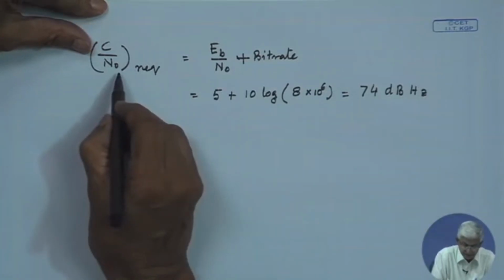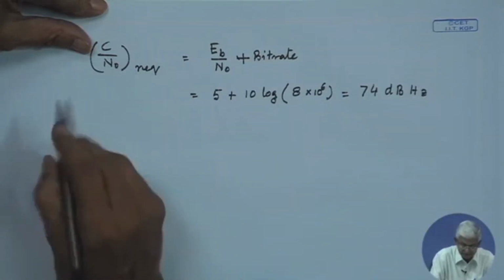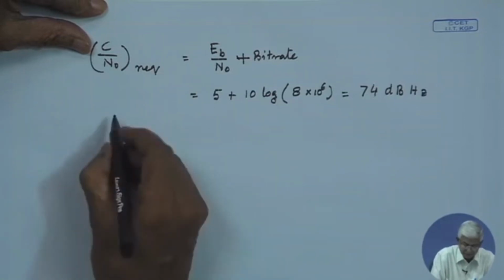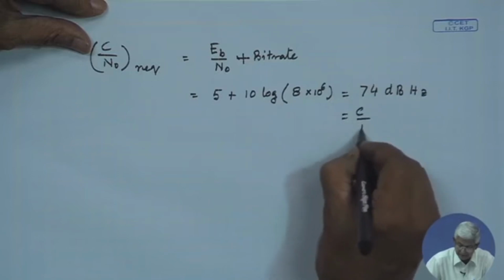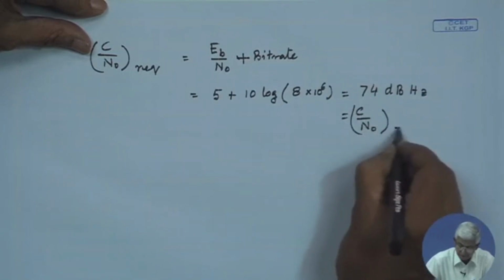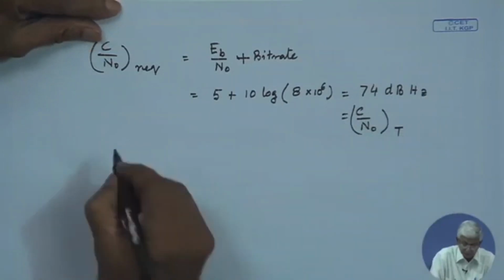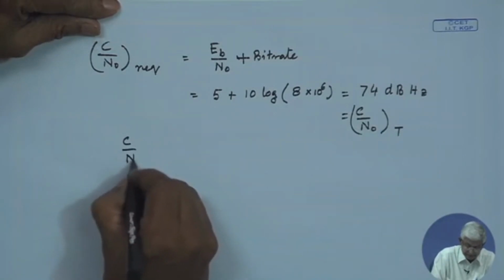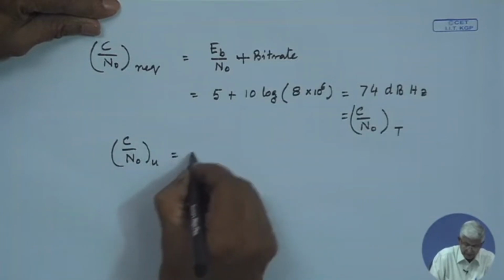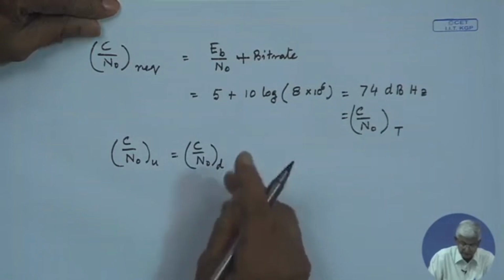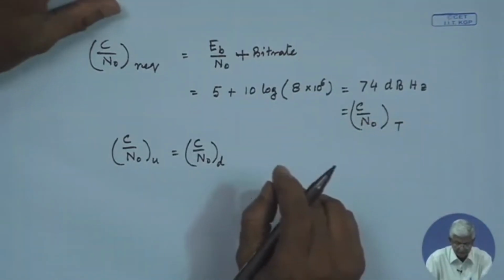Now remember, C by N naught required is for the totality, the whole link, so I can call it C by N naught total. If you remember, we said at the beginning that C by N naught of the uplink and C by N naught of the downlink are same because the same sizing is used.